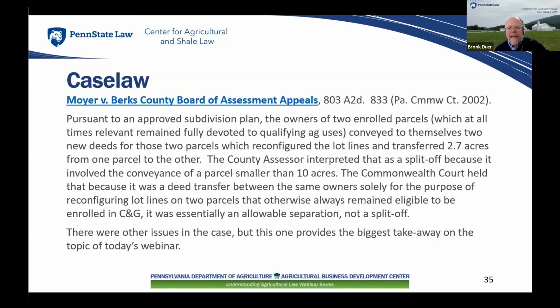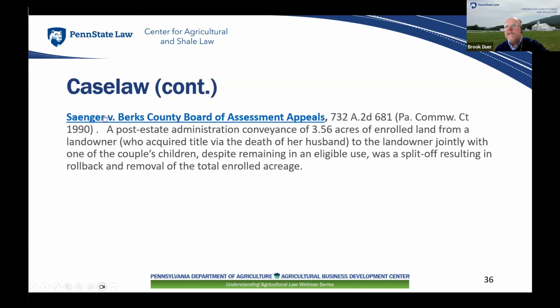Now, there's another case, however, that was a post-estate administration transfer of a parcel that was less than 10 acres, but because it was from the widow of the deceased, and now a son was brought in as a transferee, that was considered to be a split off that did result in rollback.